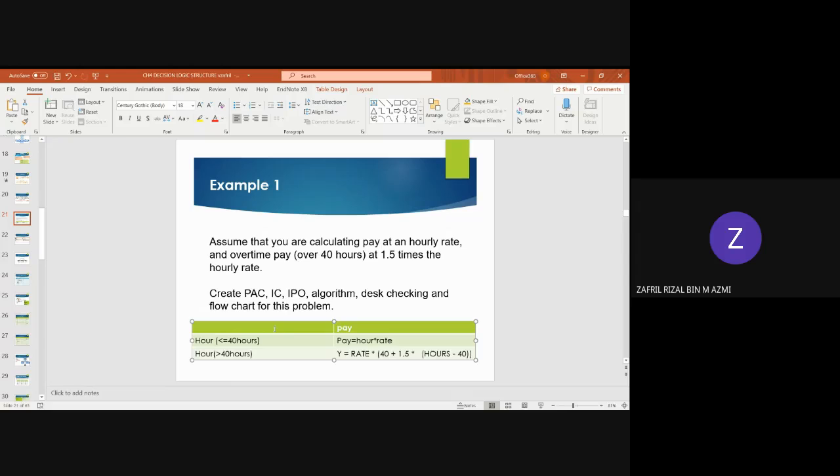Draw a table something like this, and then you can see that a decision can be made. If you work normal hours, this is the calculation for the rate.